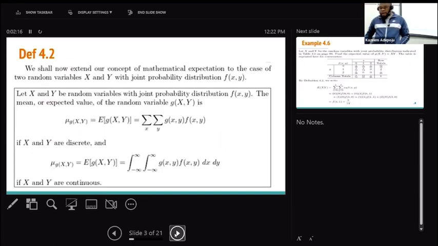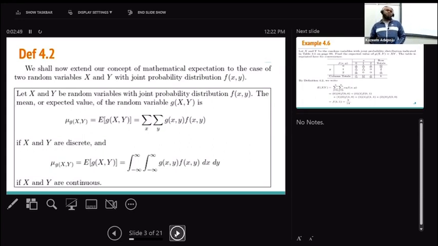We are still working with the random variables X and Y. The other time, when we started mathematical expectation, I walked you through how to compute conditional means, unconditional means, conditional variances, conditional standard deviation and unconditional standard deviation.